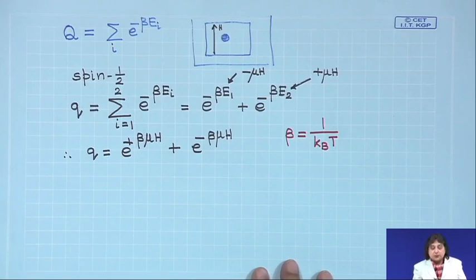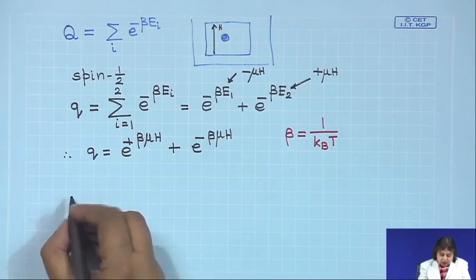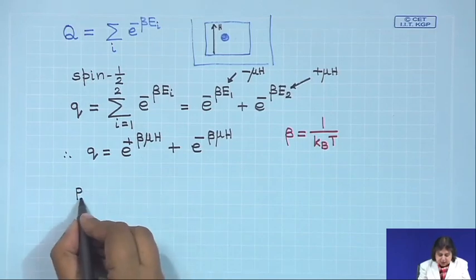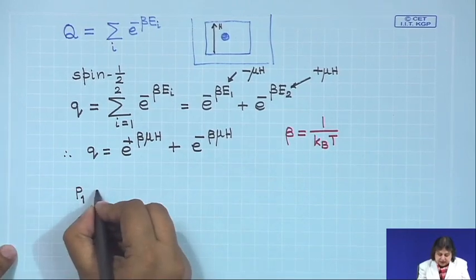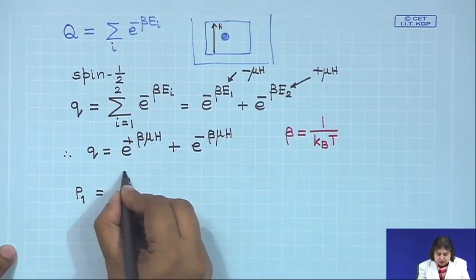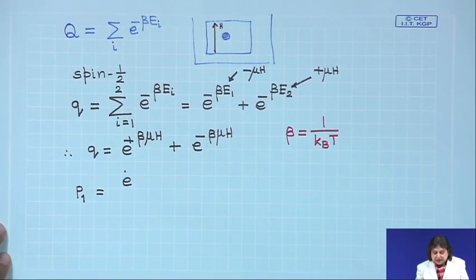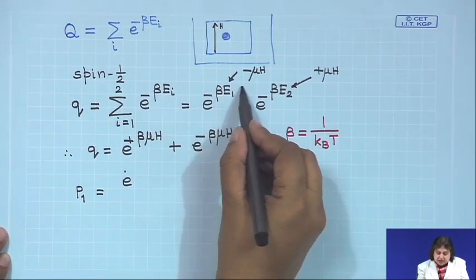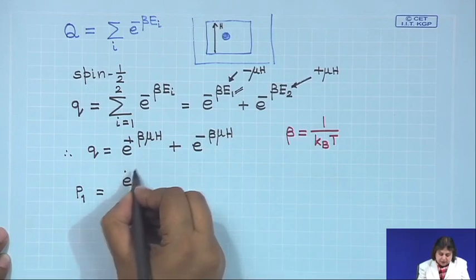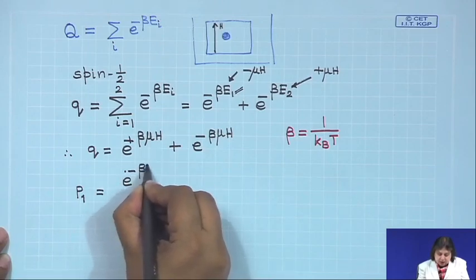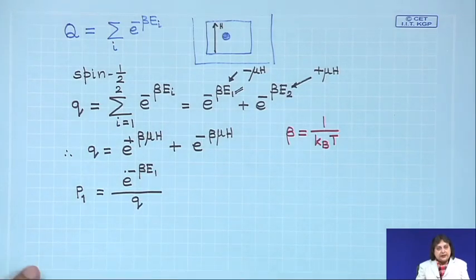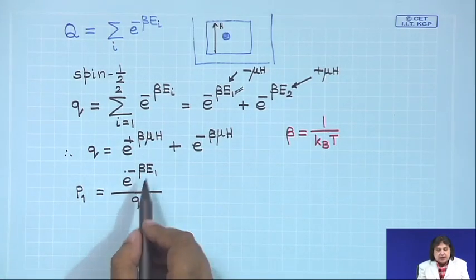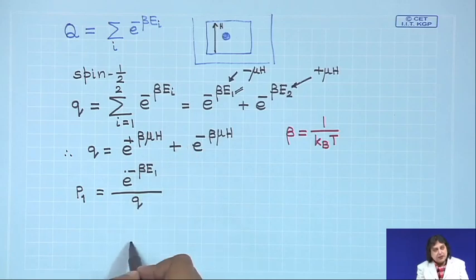Now, once you know this small q, I can very easily answer questions like, what is the probability that this single particle in this system has an up spin? Up spin corresponds to the first energy state that I am talking about, so the answer is e to the power of minus beta E1 divided by q.